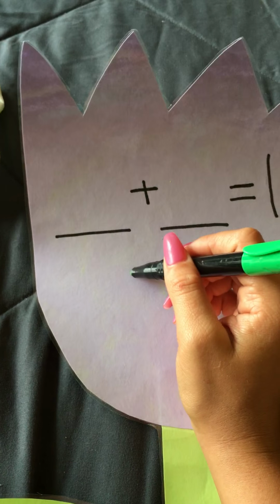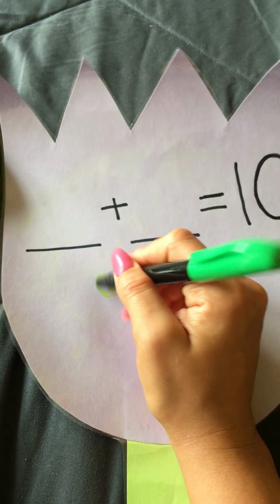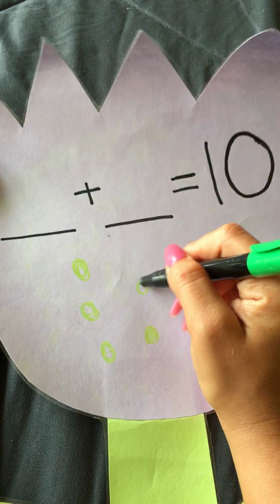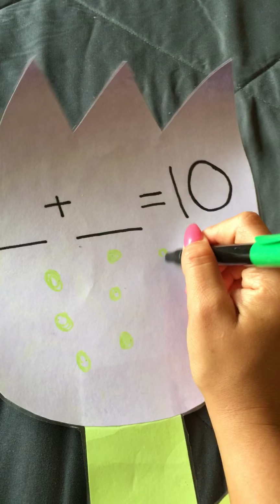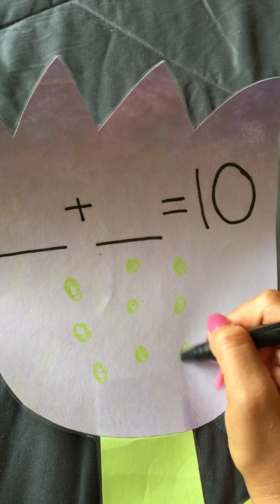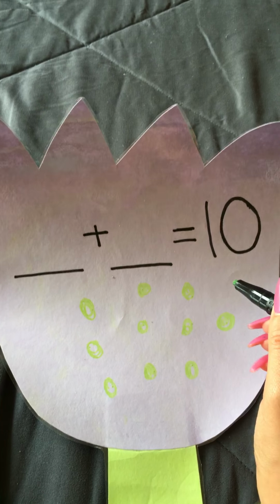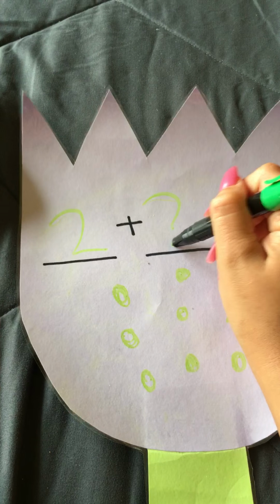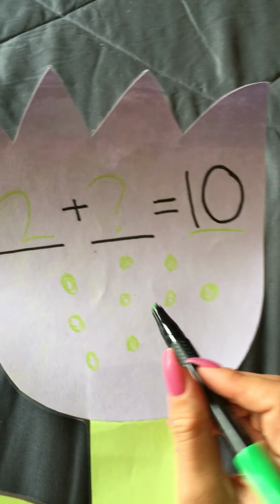So we're going to draw our 10 dots like we did the last time. 1, 2, 3, 4, 5, 6, 7, 8, 9, and 10. So we had 2 plus what equals 10.